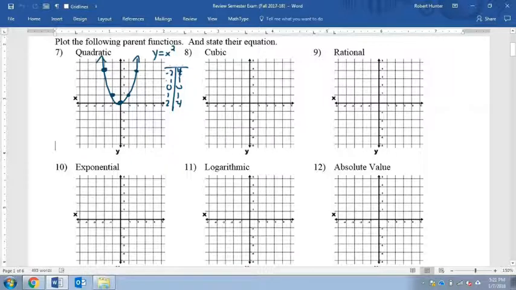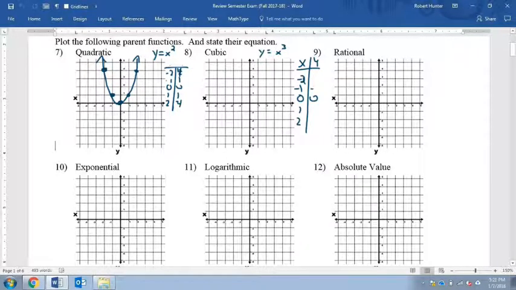All right. A cubic. Well, that's y equals x to the third power. So x, y. I've got 0, 0, negative 2, negative 1, 1, and 2.